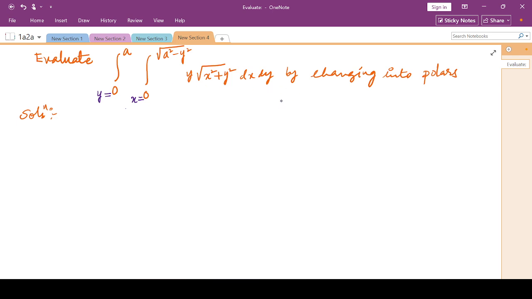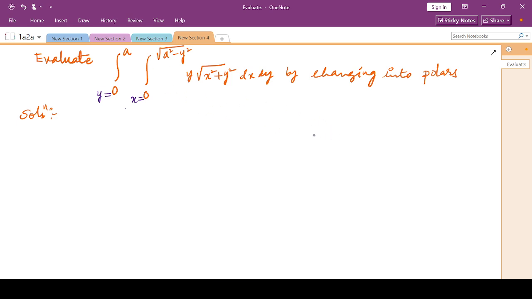Then next we are going to draw the geometrical representation of the double integral, or how this double integral looks, or what the region of integration is that we are going to draw.